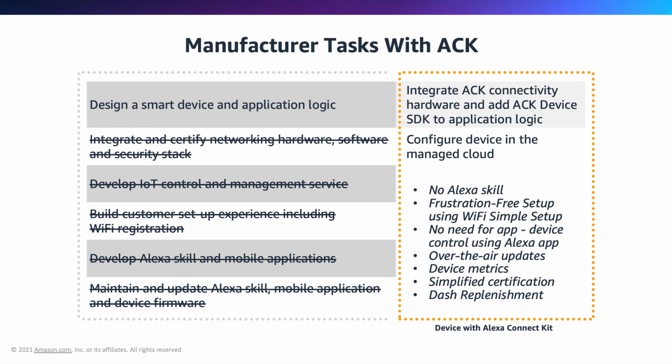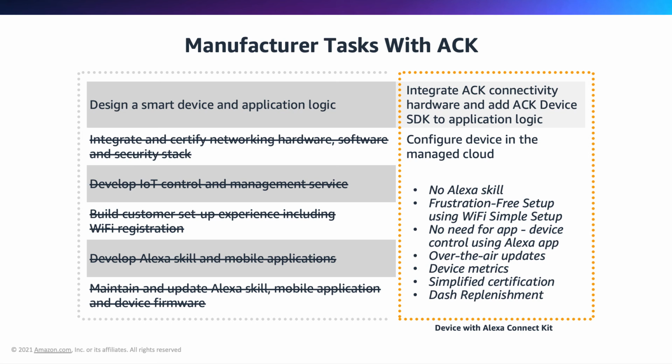ACK also brings useful features of modern connected devices, such as over-the-air updates, device logs, and operational metrics. For devices with consumable items, ACK includes support for Dash Replenishment Service that enables automatic reordering of the consumables, like filters for air purifiers or popcorn for microwaves.